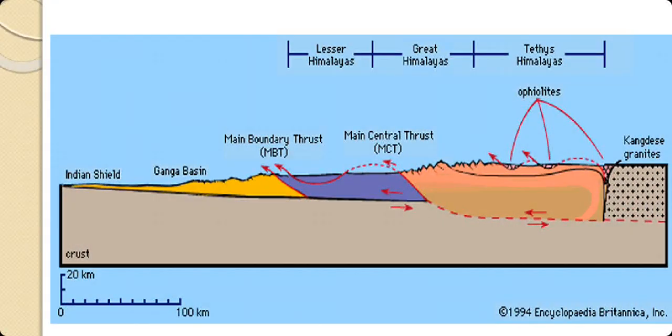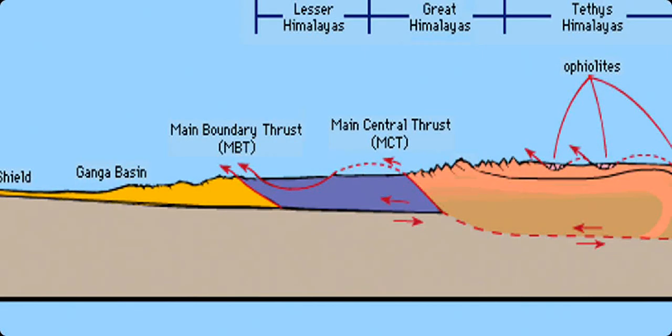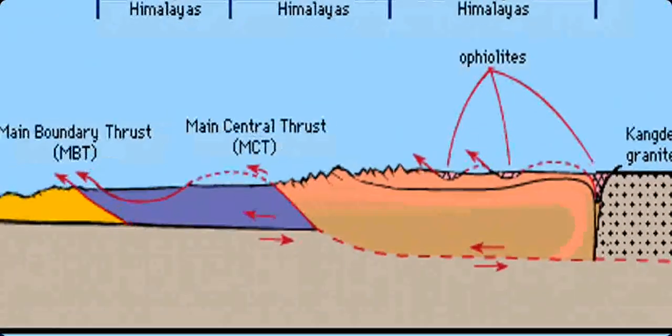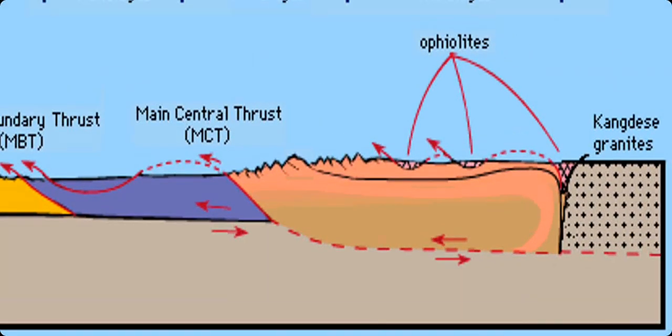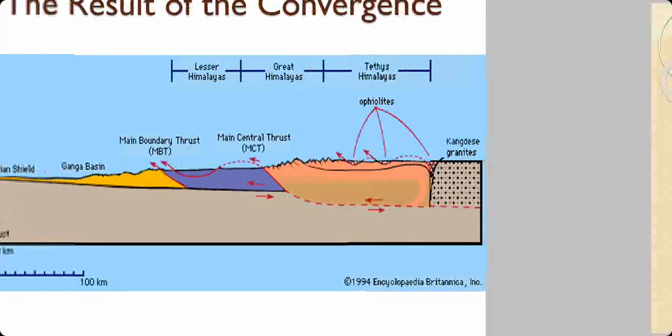Now, as a result of convergence, there was a rise of the Himalayas. This is where the Himalayas rose, and then behind the Himalayas, the Tibetan plateau also formed.